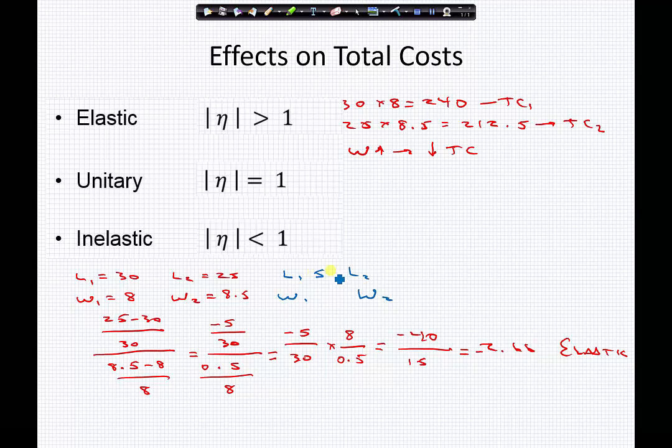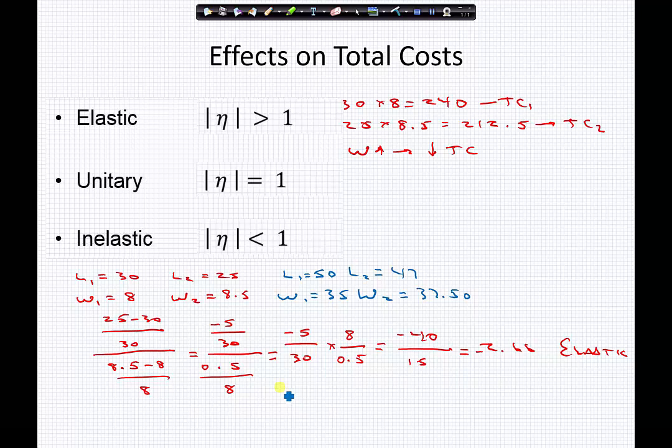Let's say that L1 was equal to 50, L2 is equal to 47, and we have a W1 equal to 35, and a W2 equal to 37.5. So obviously a much higher level of wage, so we would expect that this would be a much higher skilled employee or worker.